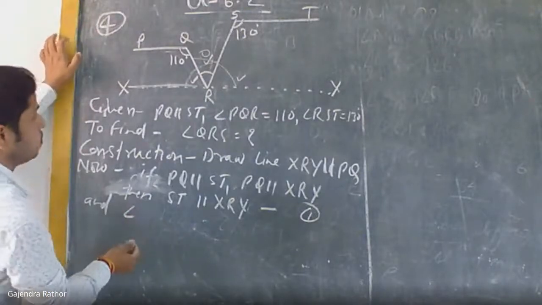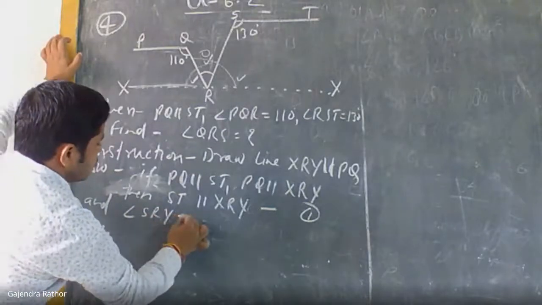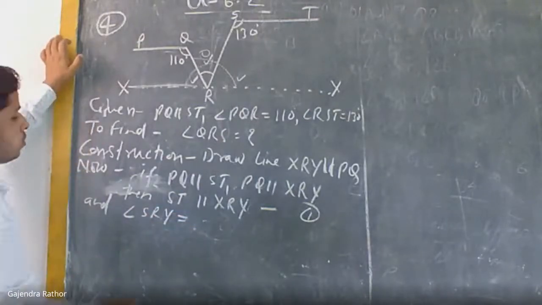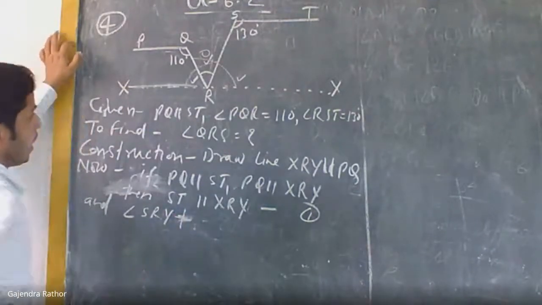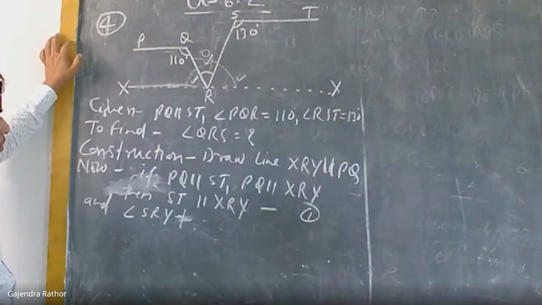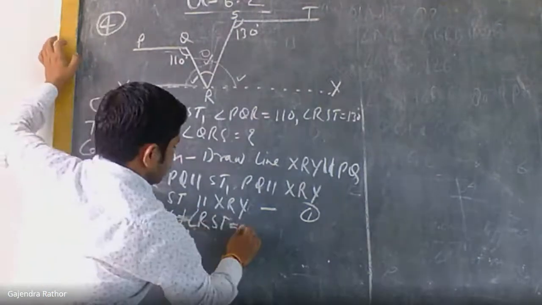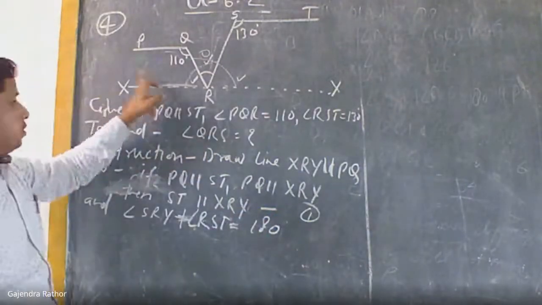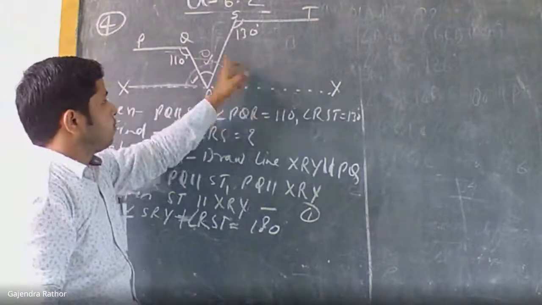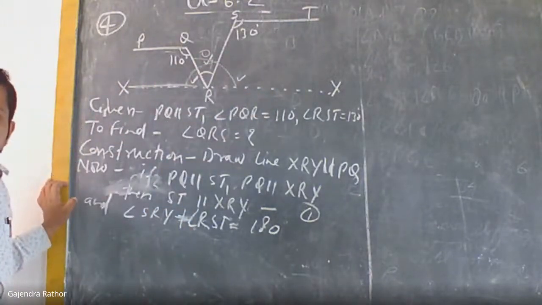Okay, so angle SRY plus angle RST is equal to 180. Why 180?